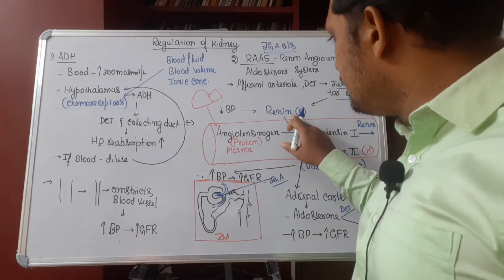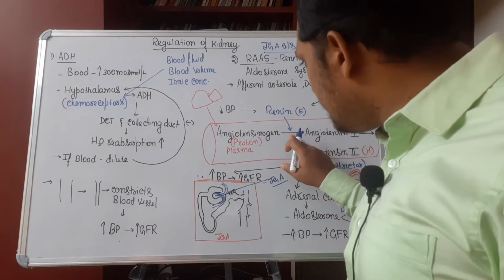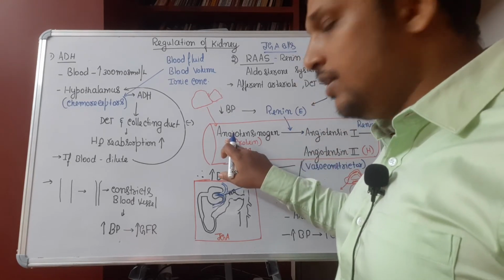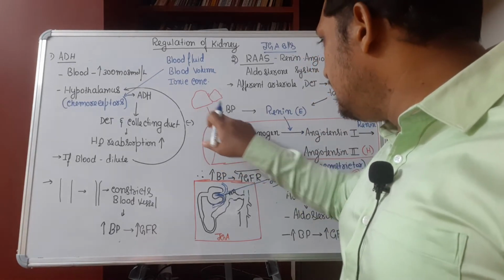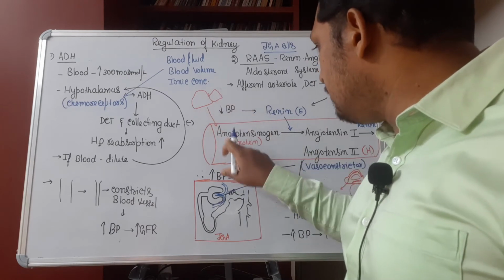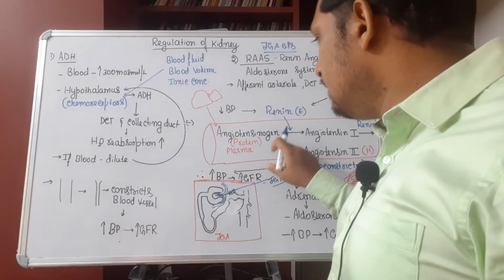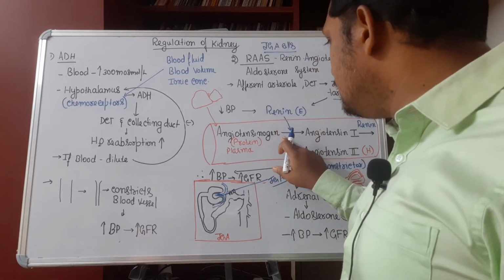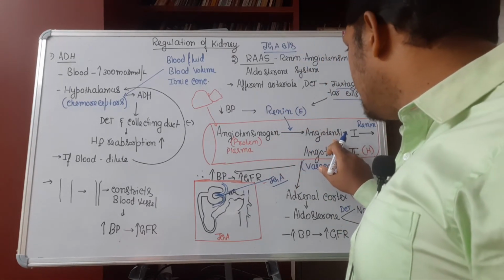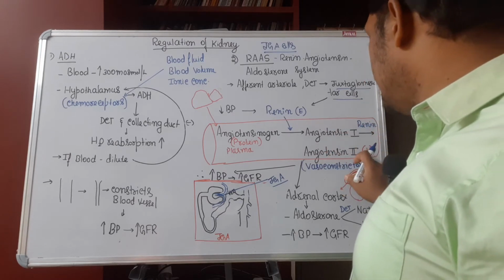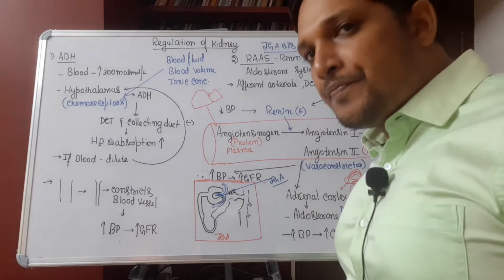This enzyme, renin, will move to the bloodstream. In the blood plasma there is a liver protein. From the liver, one protein is produced that is known as angiotensinogen. Renin will convert the angiotensinogen to angiotensin 1, then into angiotensin 2.